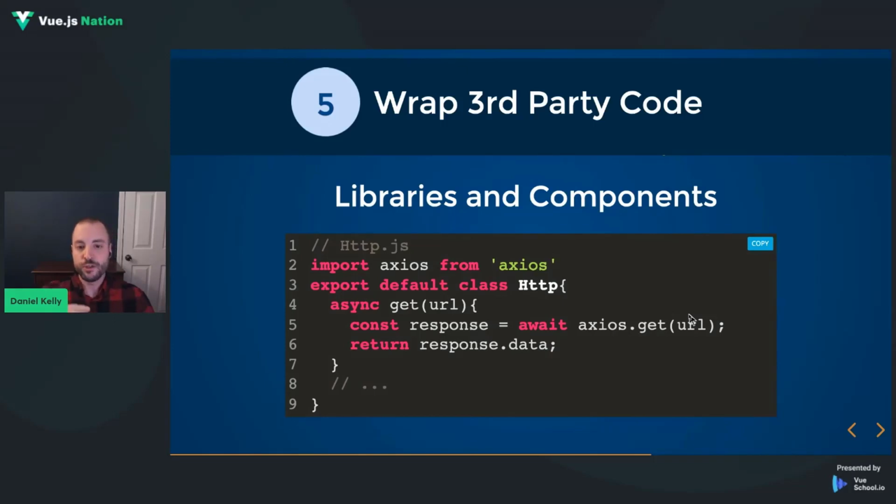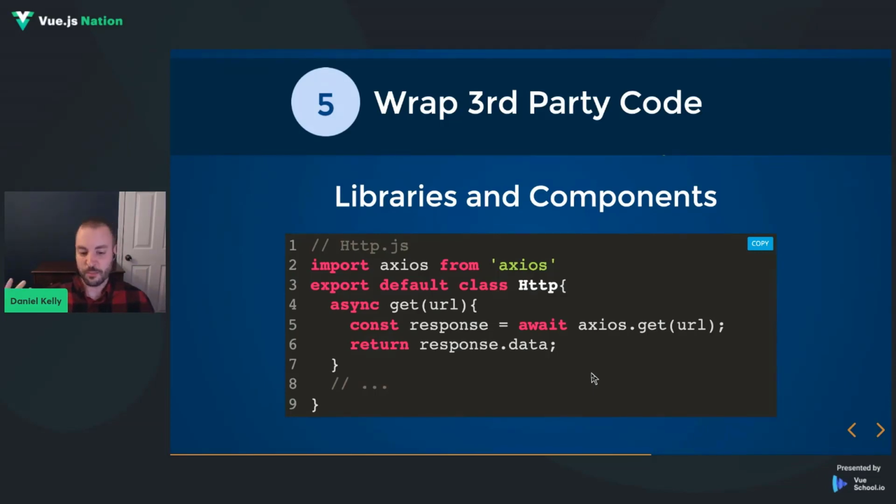Let's say we wanted to wrap Axios because we weren't super sure we were going to continue using this in the future. So what we might do is create a wrapper class called HTTP. And then we'd have a get method on that wrapper class. And then under the hood, all we're really doing is calling Axios, right? Now, the details of this syntax are not really important. The point is you're wrapping the third-party thing in your own custom thing, okay?